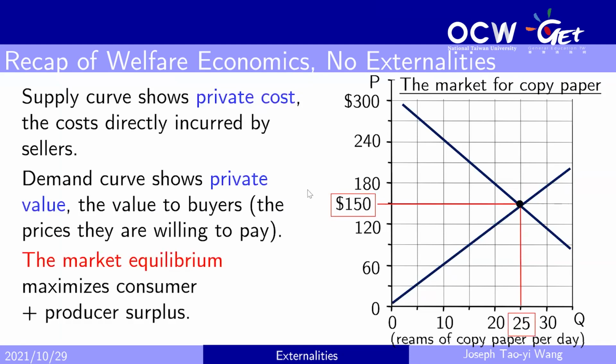Here we have the market equilibrium at a price of 150 NT dollars per ream, and the market is going to sell 25 reams of copy paper per day. The market equilibrium is where you maximize total surplus, the sum of consumer surplus and producer surplus.